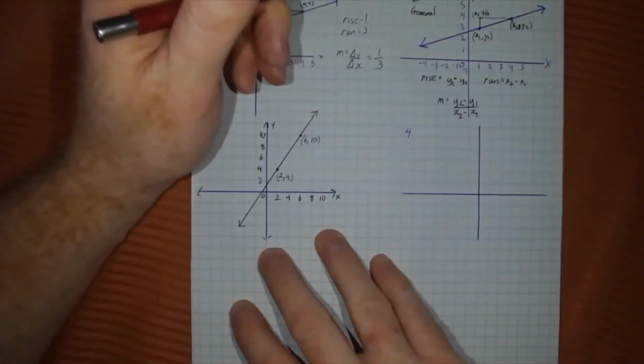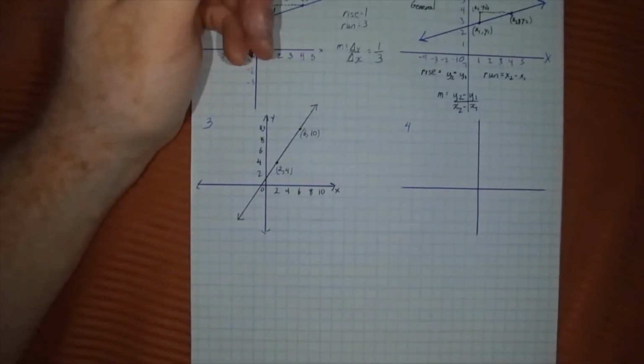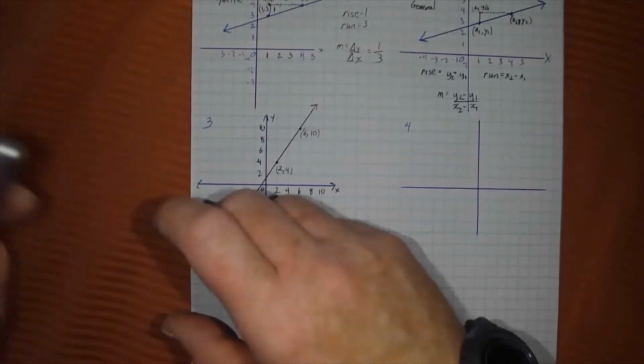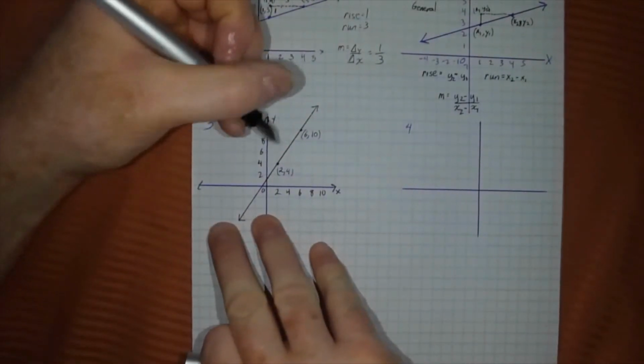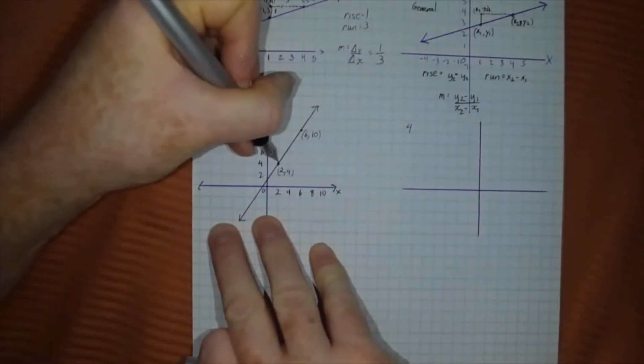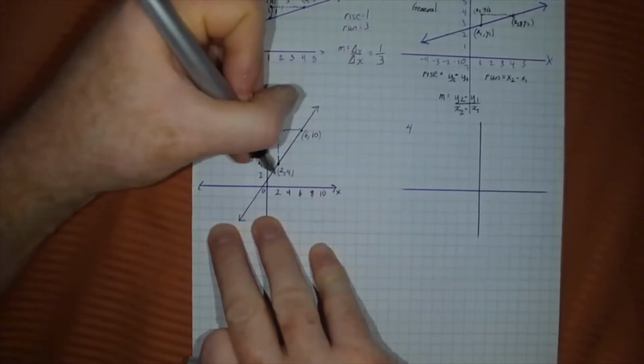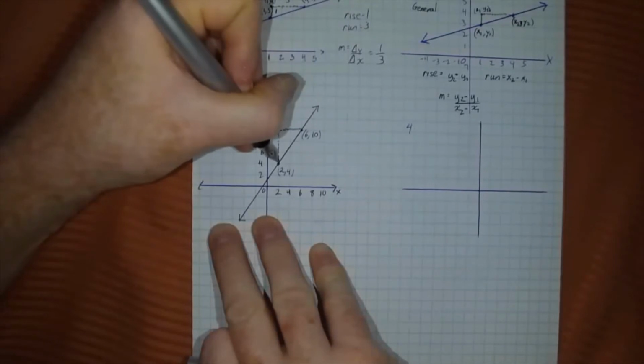So, what's this actually telling me? Well, I want to look at my slope. So I want to see how high it goes up and how high it goes over. Okay, if I go up here, I'm starting at 2, 4.